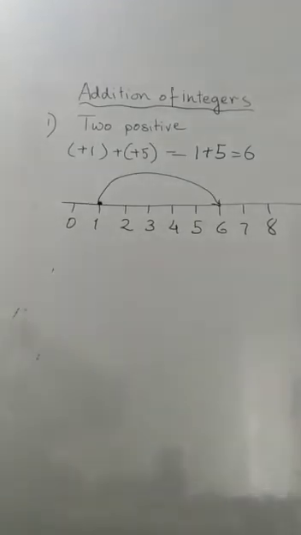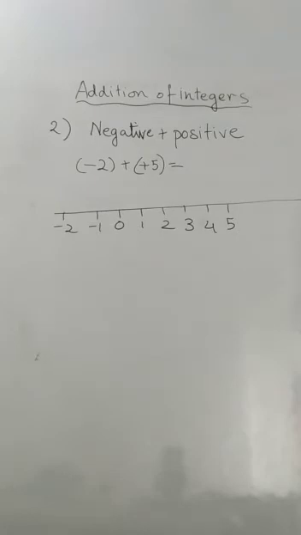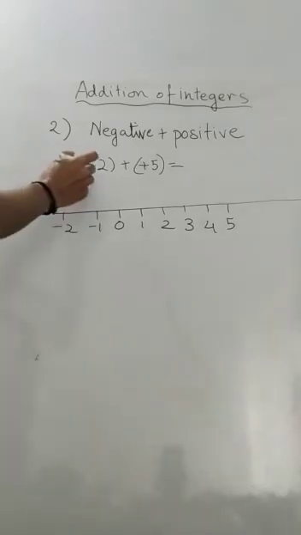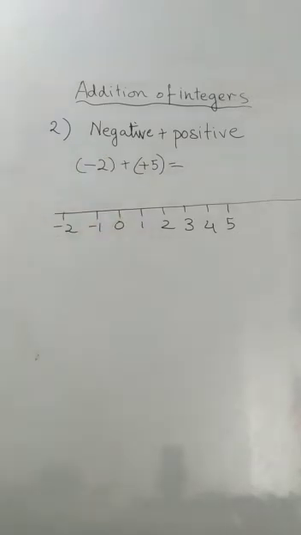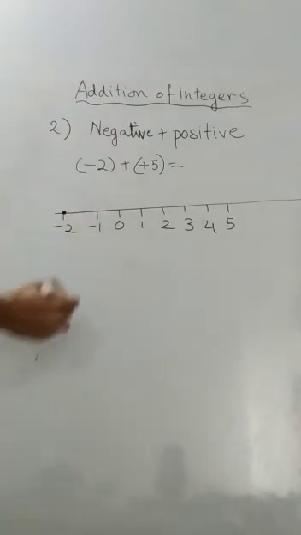Two positive numbers. Now the second case is negative plus positive. So one of the numbers is negative and the other number is positive. So here also the rabbit will jump to the right side. Okay. So the first number, what is the number given? Minus 2.